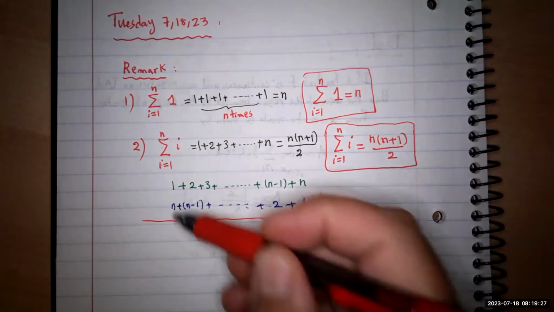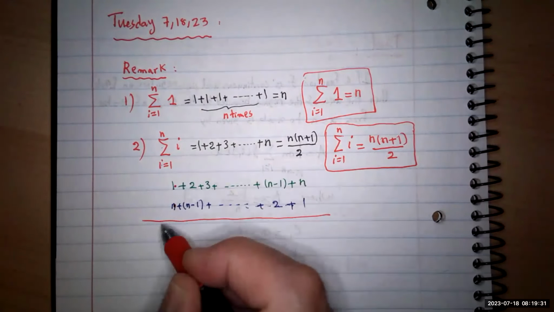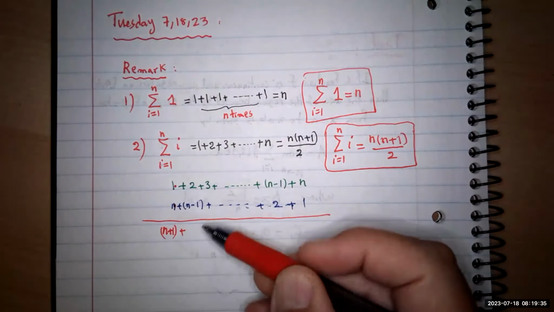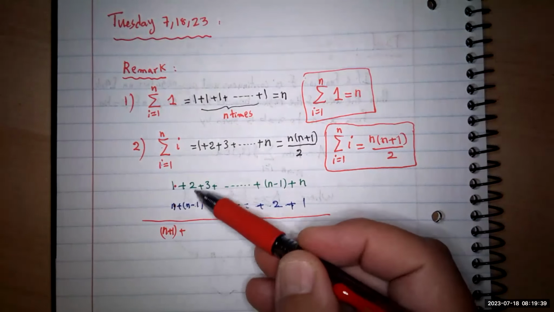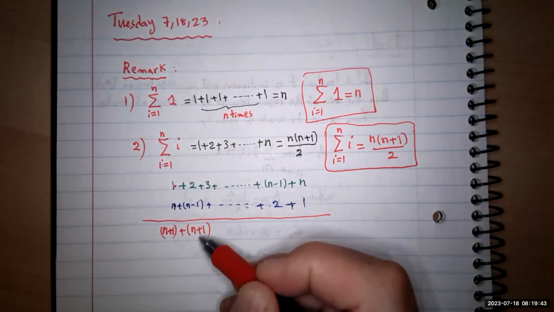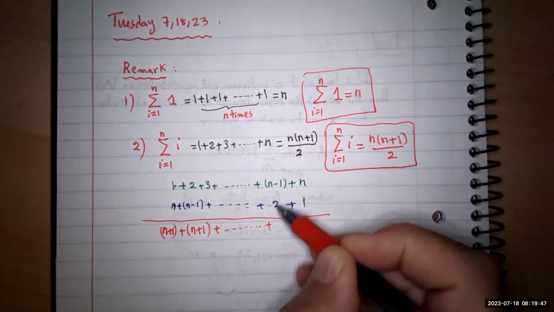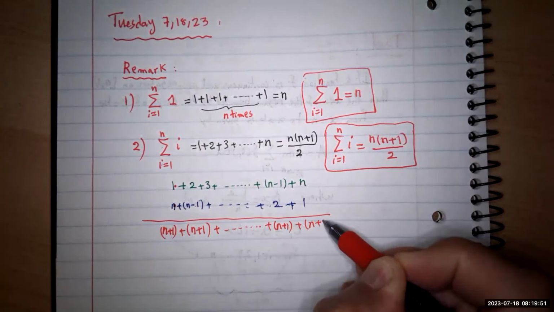You see, if you add them together, this is going to be n plus 1. Same thing here: n minus 1 plus 2 would be n plus 1. And he just repeated. Same thing here, that would be n plus 1, and that would be n plus 1. You see?